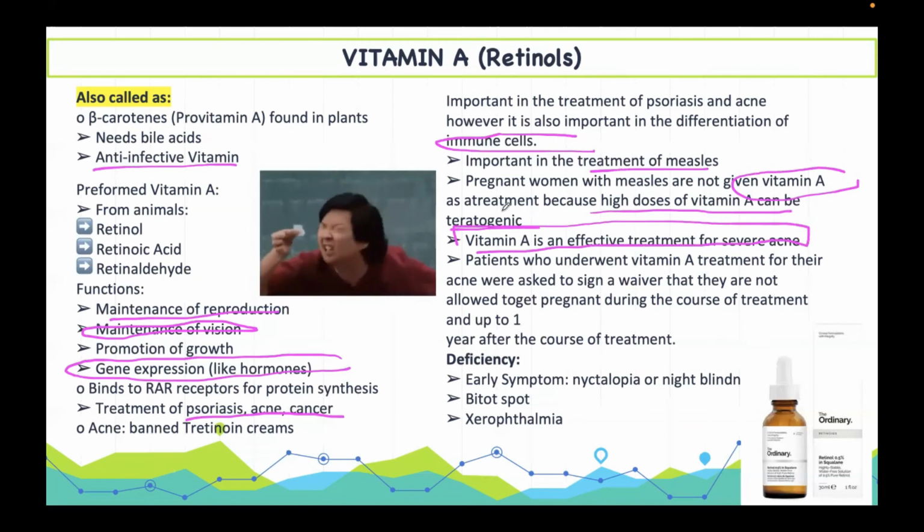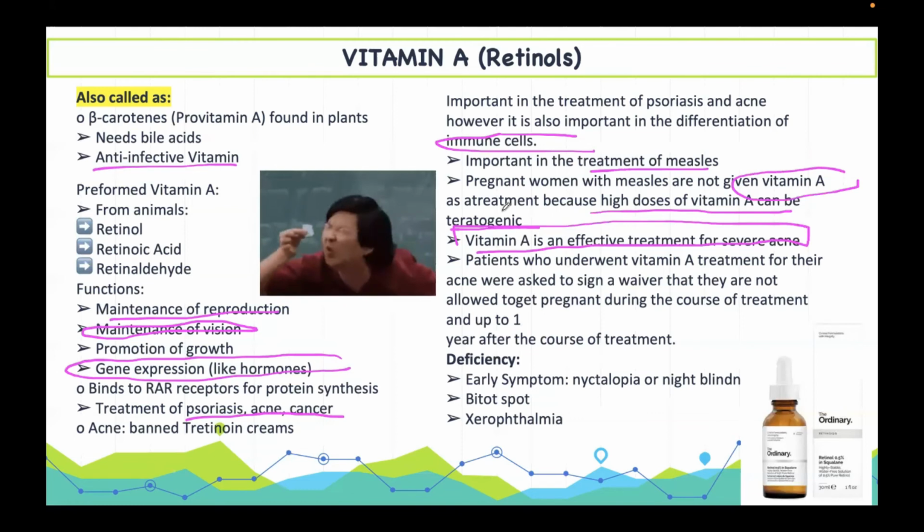And then yung mga patients natin na nag-underwent ng vitamin A treatment, meron pong certain period of time na hindi po sila pwedeng mag-conceive ng baby or to get pregnant kasi nga merong mga repercussions. Also, may certain period of time na bawal din sila mag-donate ng dugo for at least 6 months, I think.